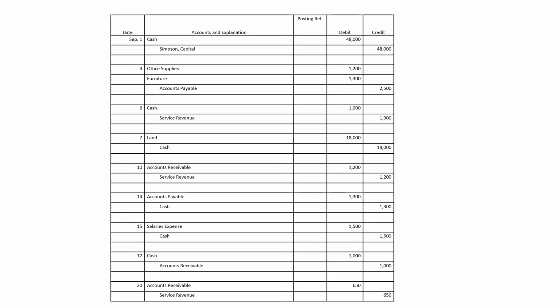So they want to decrease accounts payable, their liability, because they won't owe that anymore. And they want to decrease the asset cash because that's how they're paying for it. Liabilities decrease on the debit side. Assets decrease on the credit side. So accounts payable debit $1,300. The cash asset decreases by crediting it $1,300.